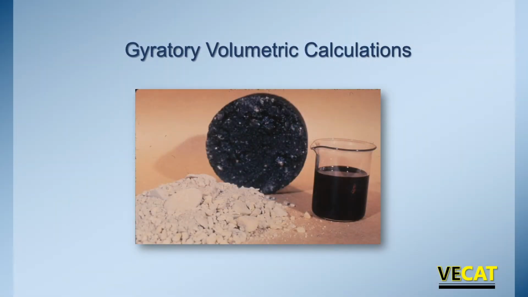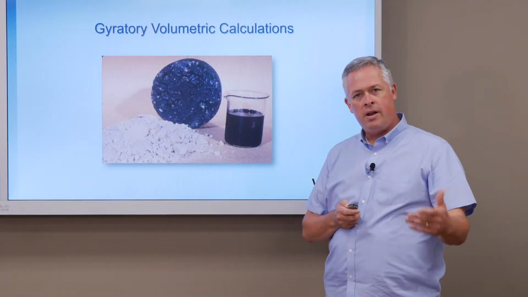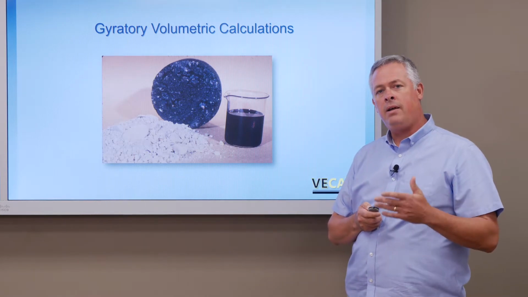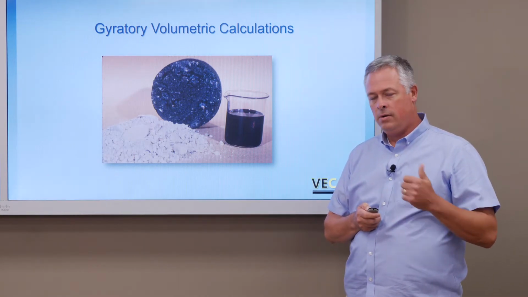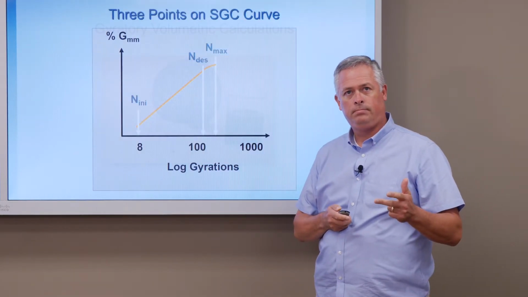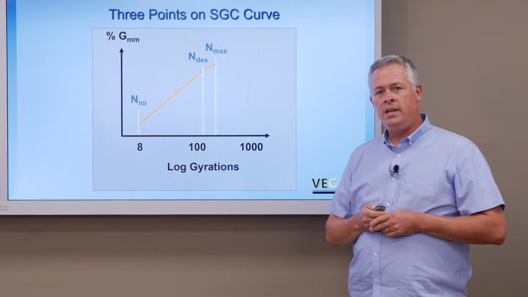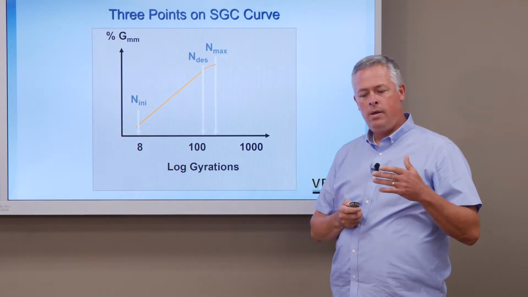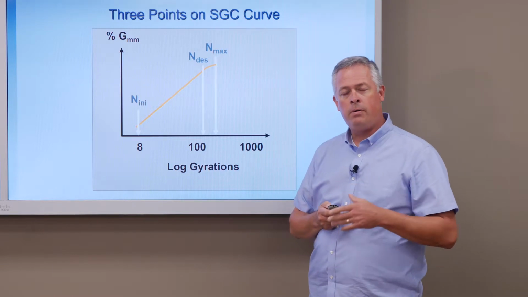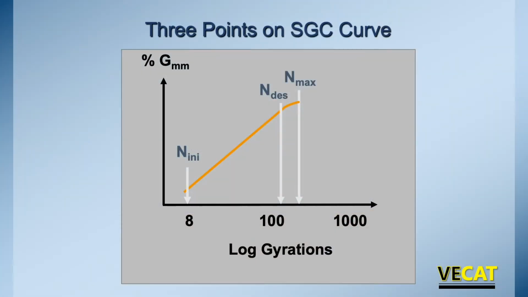So, gyratory volumetric calculations. This is where we've actually done our testing in the lab, we've done our pills, we've done our rice, and we're trying to calculate in each of our blends what's our VTM, what's our VMA, what's our VFA. One of the things that you will see on your software that your gyratory compactor prints up is a gyratory curve.